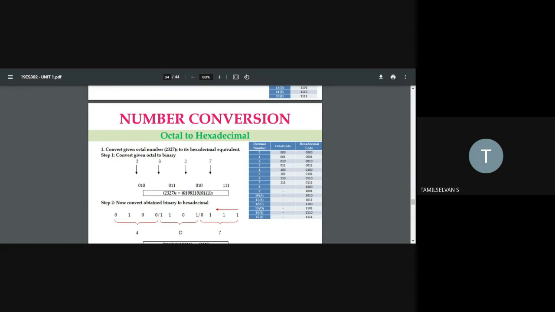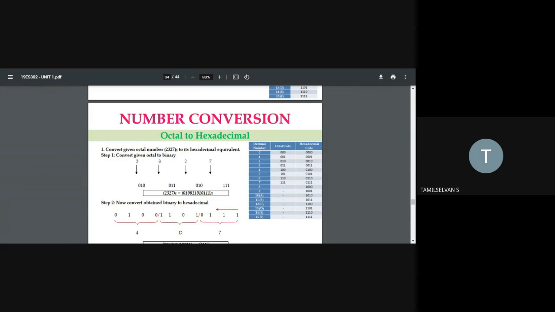I take the 3-digit binary number for each digit: 2 is 010, 3 is 011, 2 is 010, and 7 is 111. So the equivalent binary number for the octal value 2327 is 010011010111.